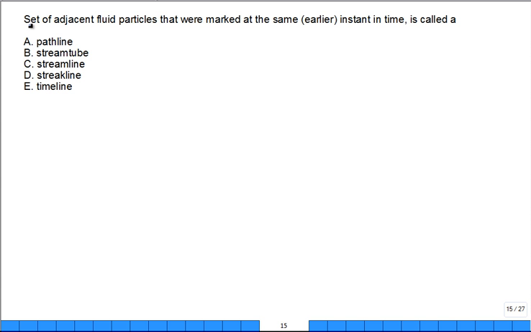A set of adjacent fluid particles that are marked at the same instant in time, some earlier instant in time, is called. So here I have a flow field, right? I say, this particle and this particle and this particle and this particle and this particle, and they're all adjacent, right?